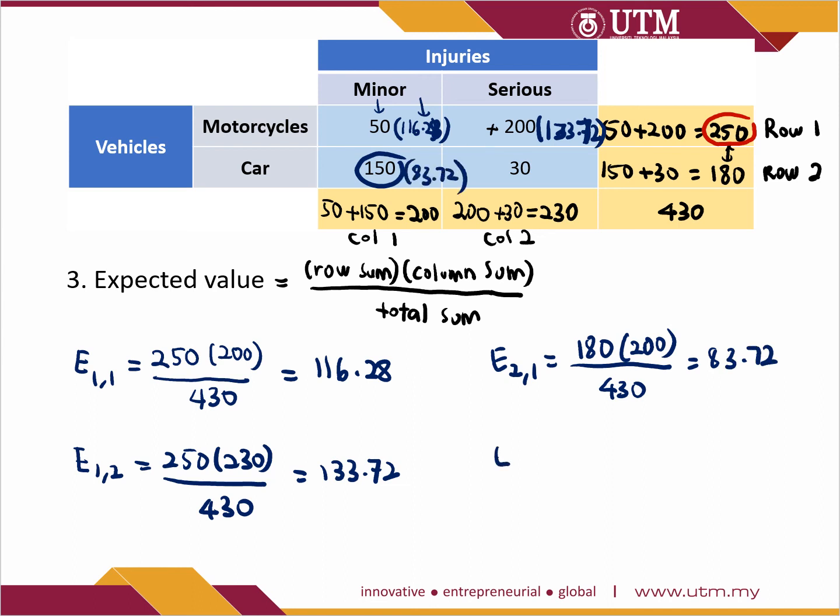The last one will be the second row sum multiplied by the second column sum, divided by 430, which is equal to 96.28. Now we have found all the expected values.